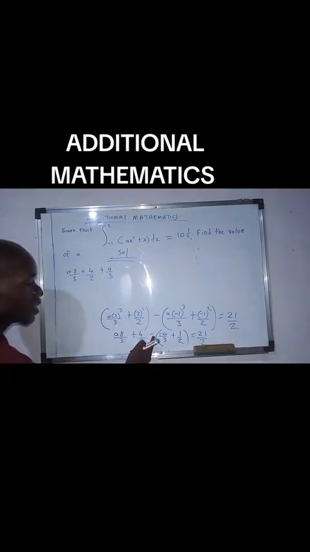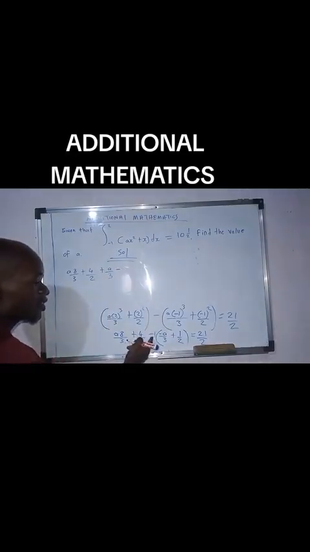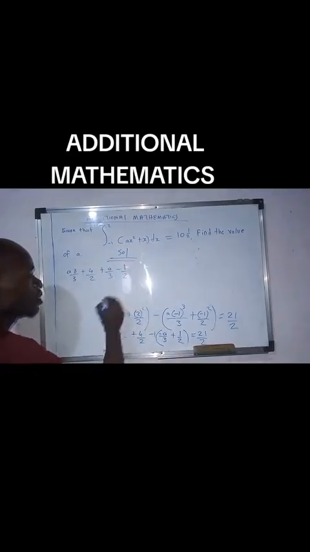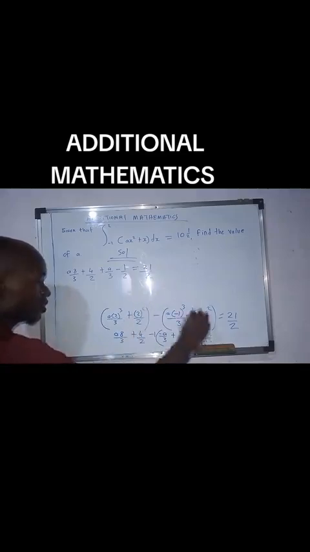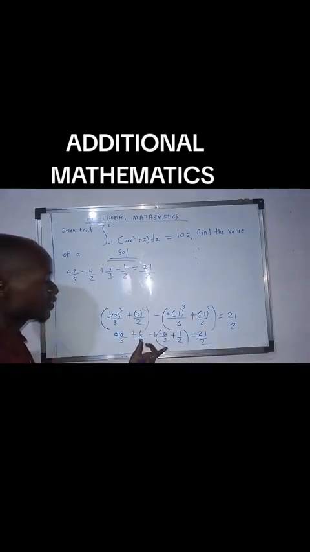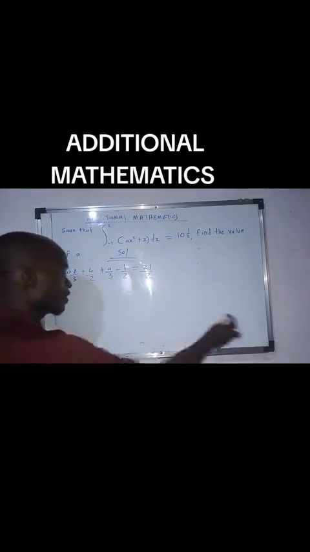Again, this negative 1 times positive, or we can say negative times positive is negative. Then this 1 times 1 over 2 is just 1 over 2. Then equals 21 over 2. We have evaluated what is in the bracket. Now, we go to the next step.